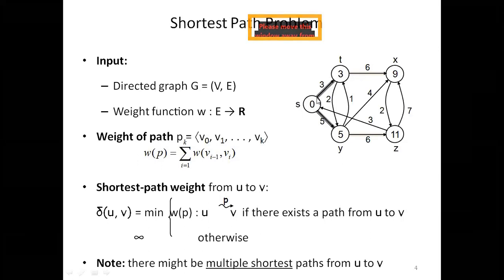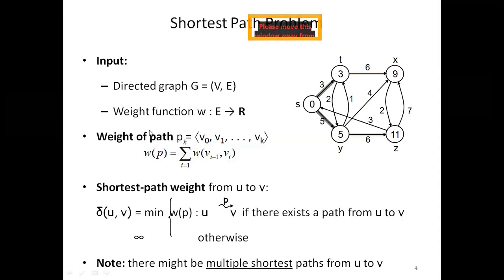So the edge from 0 to 3 is labeled 3, meaning the distance is 3 kilometers. Or maybe it is a cost, some value like 300 rupees.